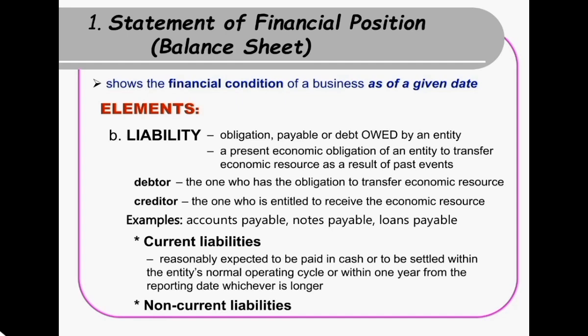Let it be clear though that an entity may use another specific liability account instead of accounts payable for the receipt of a particular service like rent payable and utilities payable. Anyway, again, accounts payable is used for the purchase of goods or receipt of service without making a written promise to pay. If the entity issued a written promise to pay, known as promissory note, the account name note payable or notes payable is used.